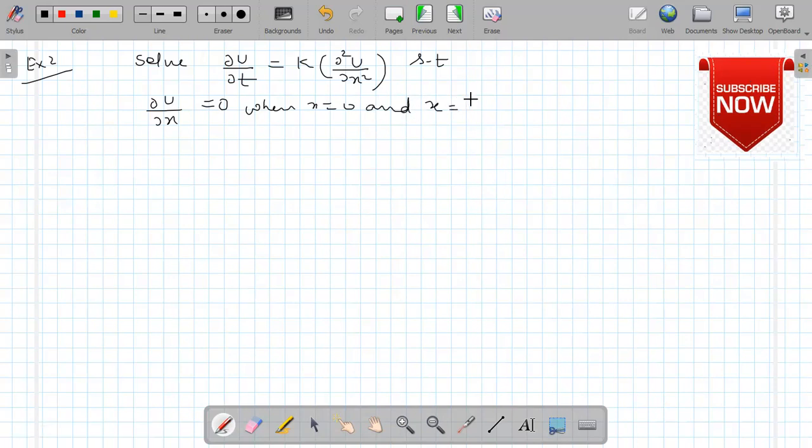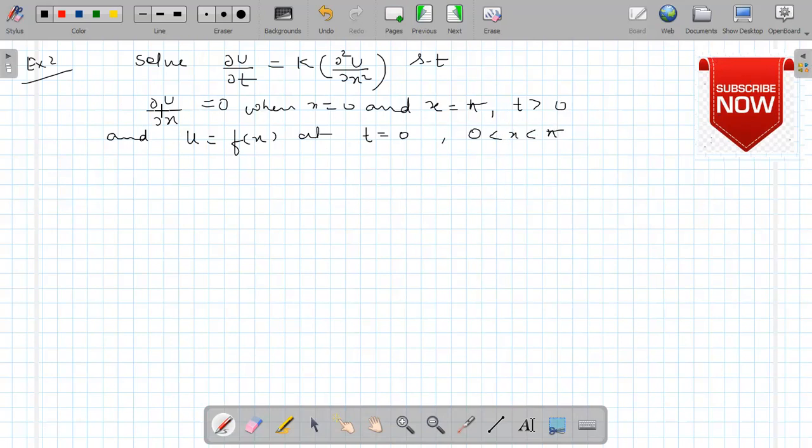दोनों पर ही ये 0 है. t is greater than 0 in both cases. And u is a function of x at t is equal to 0. This is the initial condition. x varies from 0 to pi.